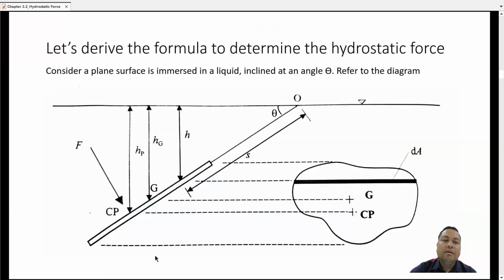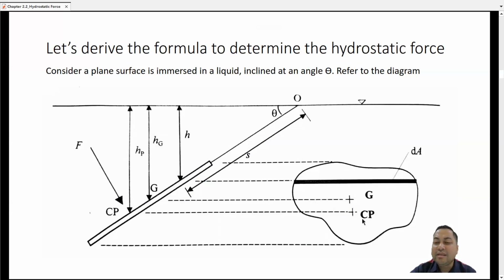Let's derive the formula to determine the hydrostatic force. Consider a plane surface immersed in liquid, inclined at an angle theta from the free surface. Refer to the diagram. G here represents the center of gravity, or the centroid, of the plane.